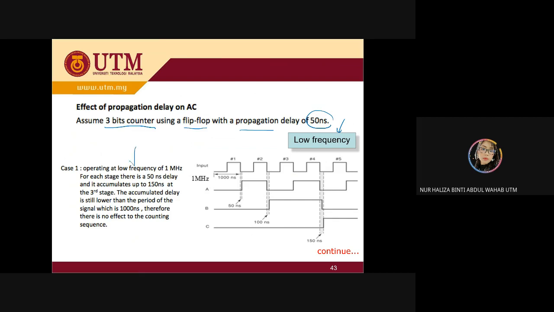You can read this, but when you have all the information, each state is having a delay of 50 nanoseconds. At this first stage, you can see you're going to have a small delay, 50 nanoseconds. All together for your cycle, it will be 1000 nanoseconds.